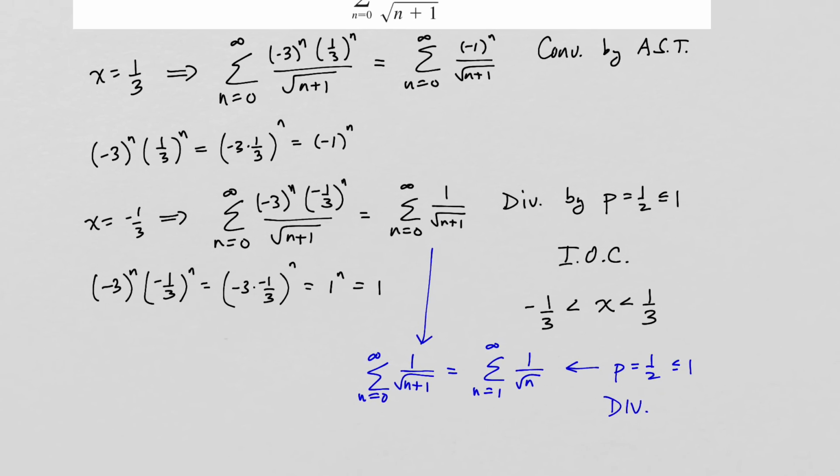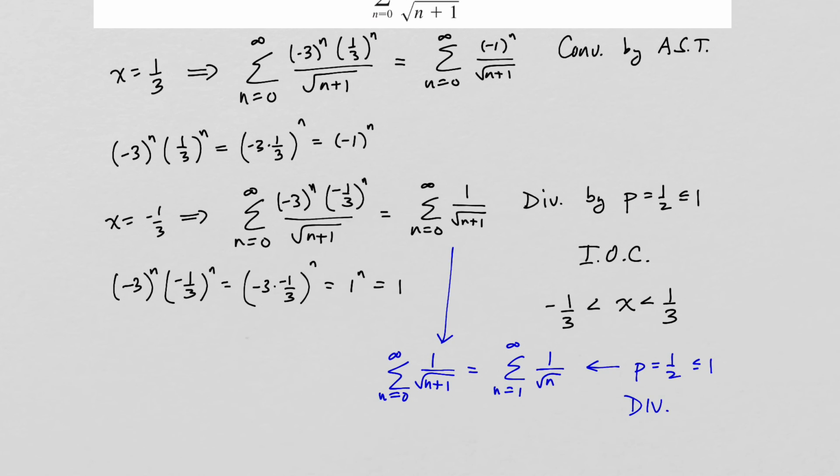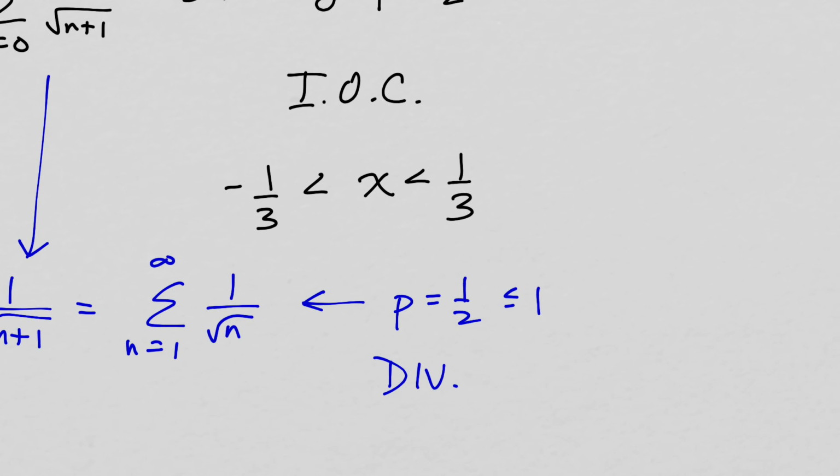So back to our interval now, we know that when x equals +1/3, it converges, and when x equals -1/3, it diverges. So when we go back to our interval of convergence, we are going to include 1/3, but not include -1/3.